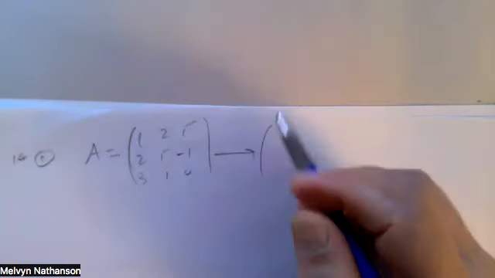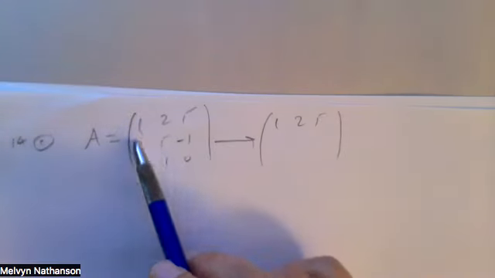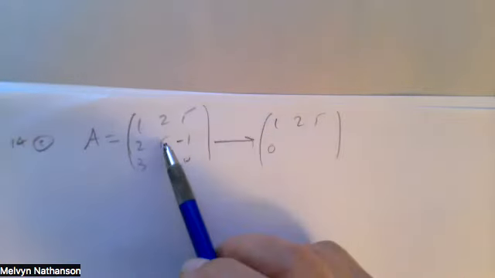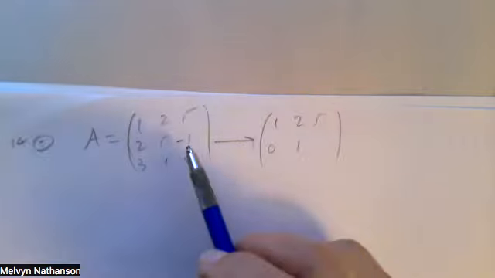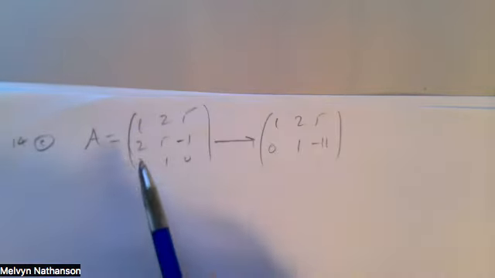So the first entry in the first row is a 1, so we don't need to change the first row. And then subtract 2 times the first row from the second. 2 minus 2 is 0. 5 minus 4 is 1. Minus 1 minus 10 is minus 11.